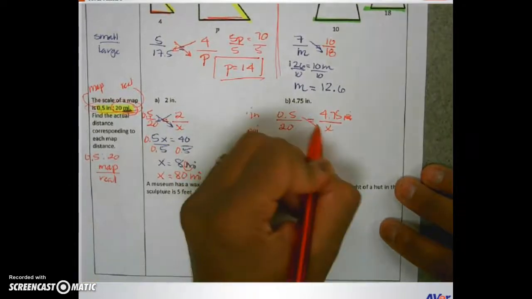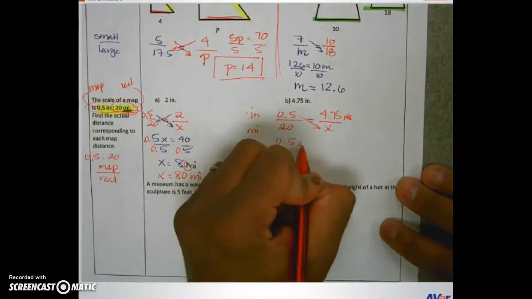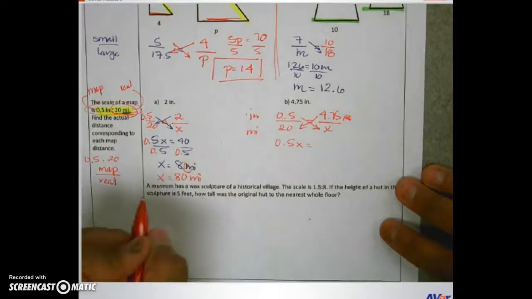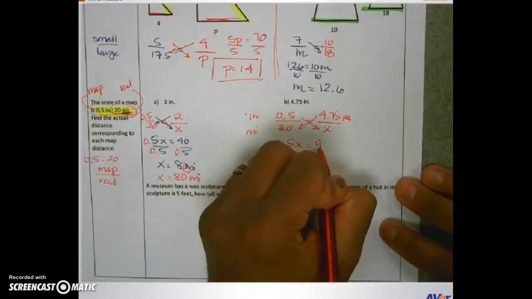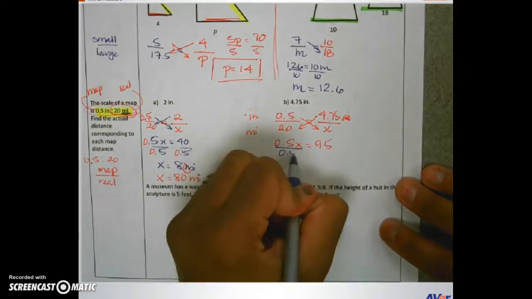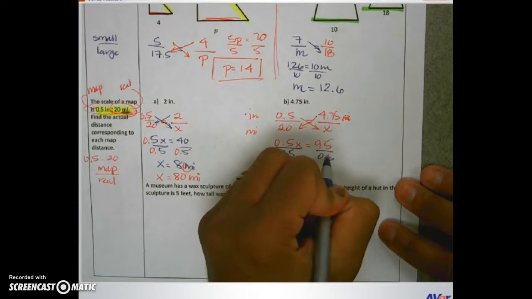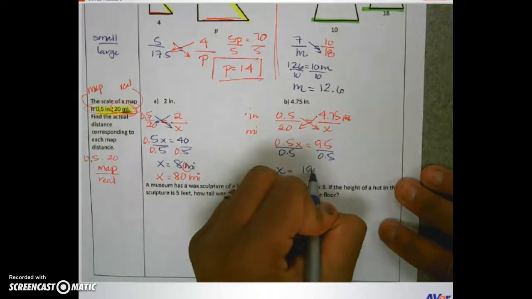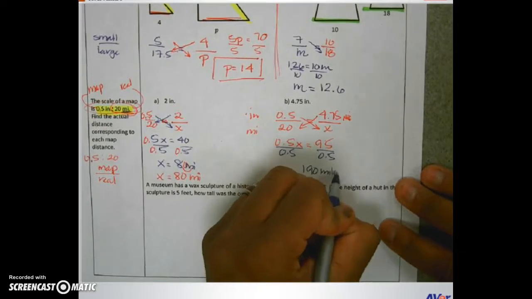So cross multiplying, 0.5x is equal to 4.75 times 20 is 95. Probably don't trust my math anymore. And then I'm going to divide by 0.5. And I have x, or the missing length, is 190 miles.